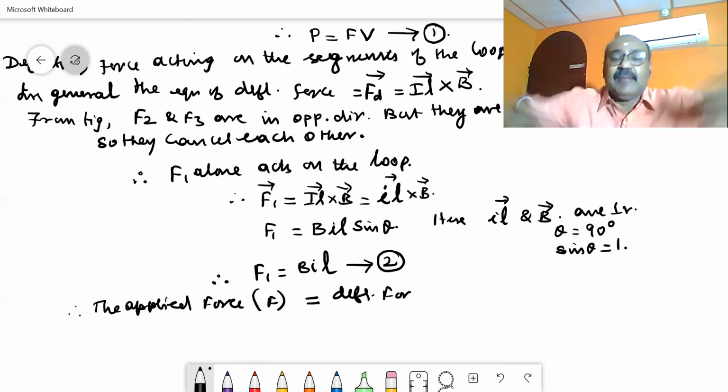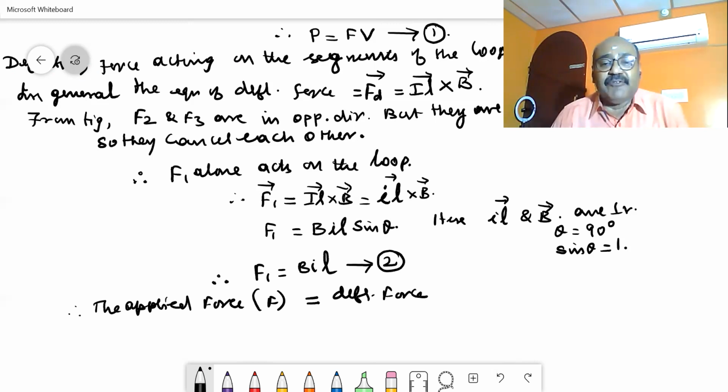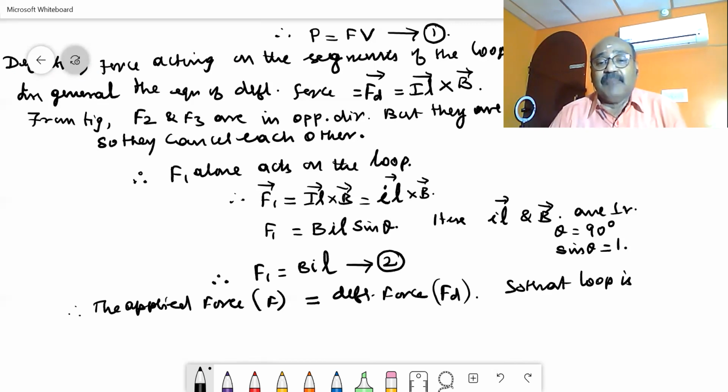If it is in equilibrium, both should be equal. So the deflecting force F of D should be equal so that the loop is at equilibrium, or at rest.